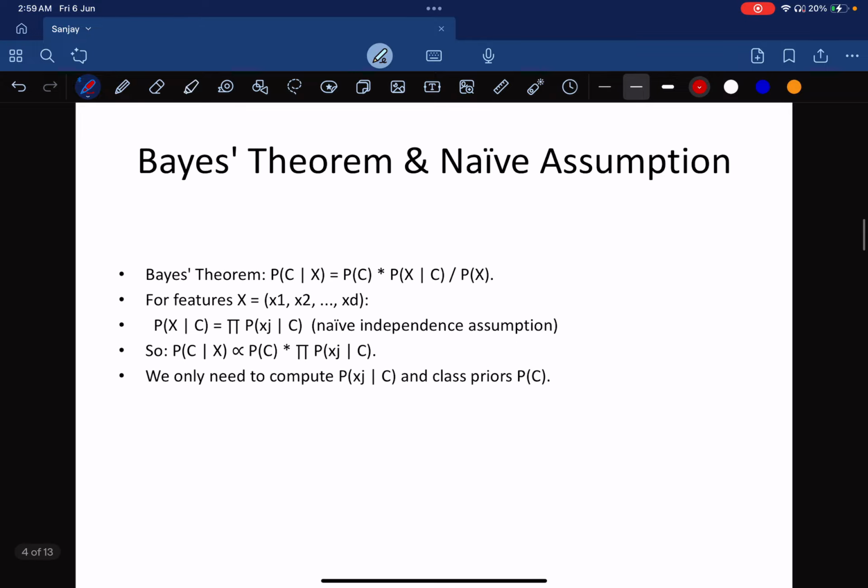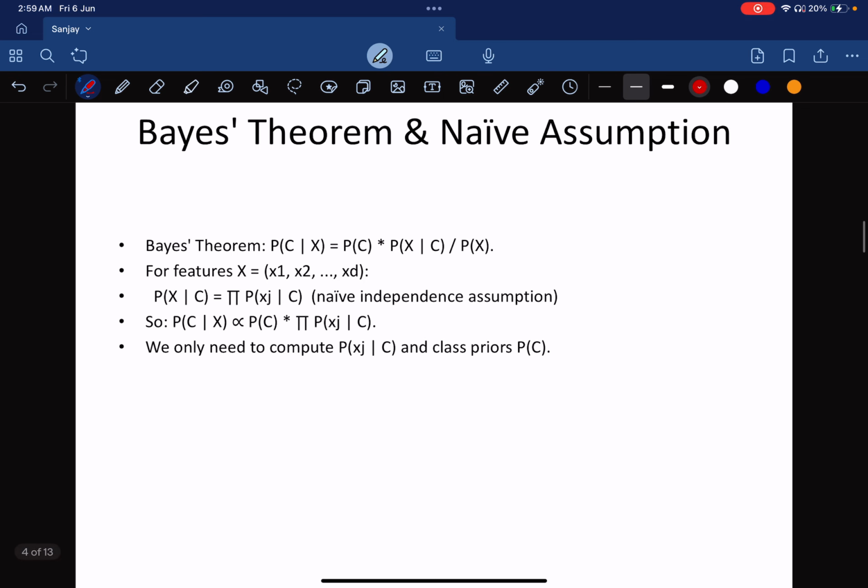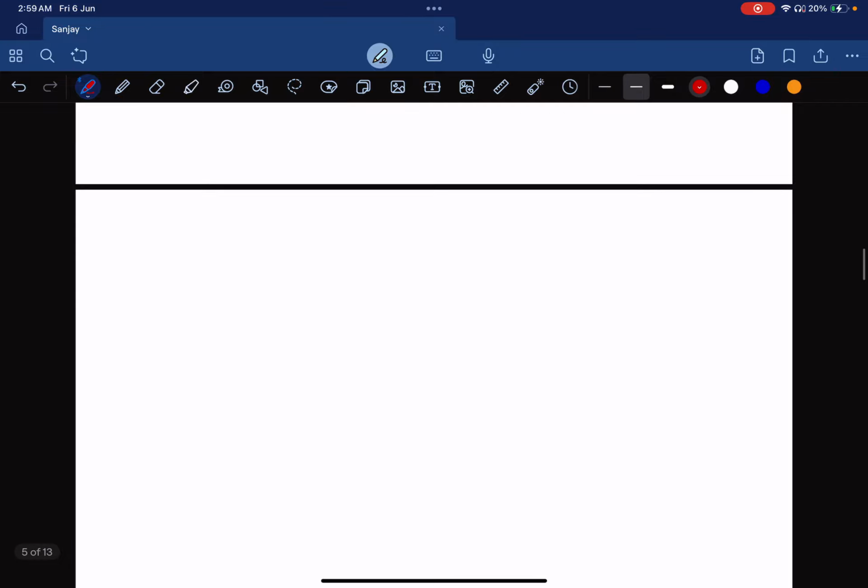So let's see the Bayes theorem. This is the equation of Bayes theorem, and Bayes theorem uses conditional probability to find the probability. So first let us understand conditional probability.